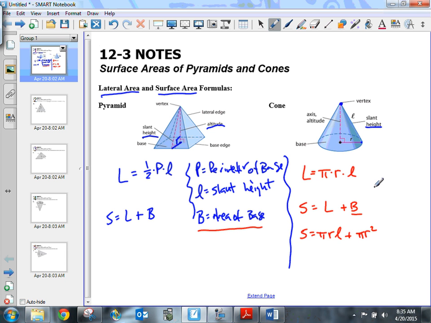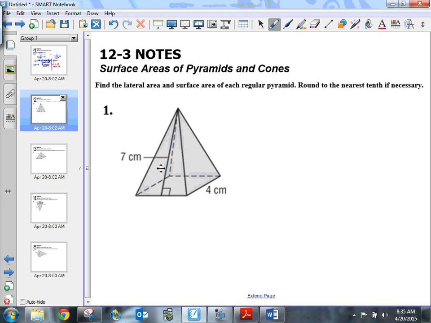Okay, so let's apply that to problem number 1. Let me just write this out. L is equal to 1/2 times the perimeter of the base times my slant height. I want to identify here that this length here is our slant height, L. And what we have here are regular pyramids, so I know that the lengths of my base are all the same, all 4 centimeters, okay?